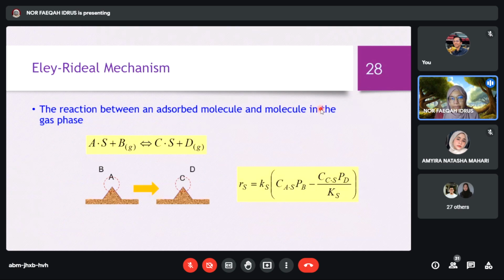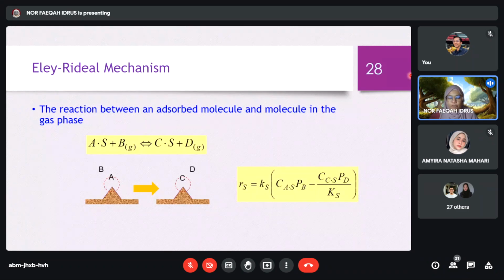Okay, and then Eley-Rideal. Okay, Eley-Rideal ni involve two reactants, tapi only one reactant yang adsorb onto the active site. And another molecular reactant, it just involves during the surface reaction.